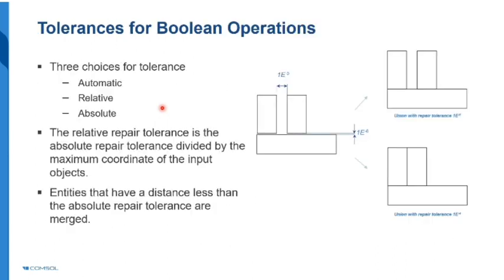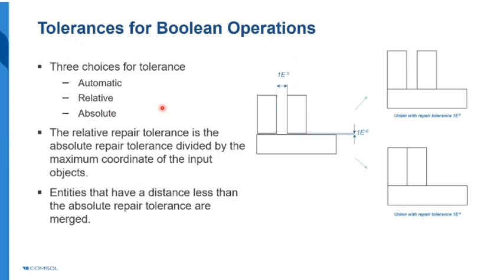But while doing these Boolean operations, another important thing to notice is the tolerance that you are going to provide. There are different options given: automatic, where COMSOL will decide based upon the geometry dimensions that you have, or you can control the tolerance yourself, either relative tolerance or absolute tolerance.